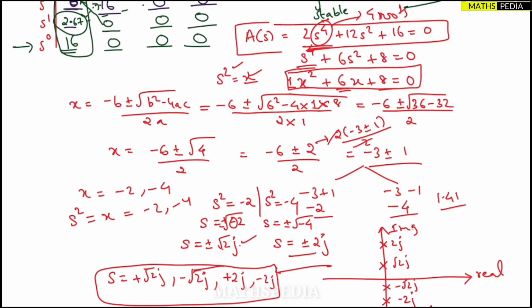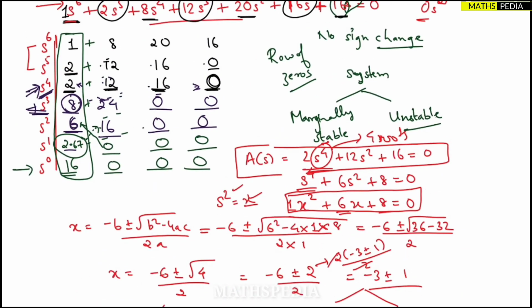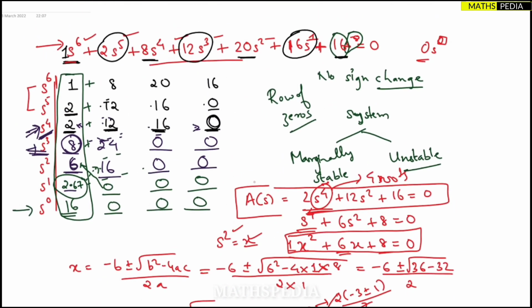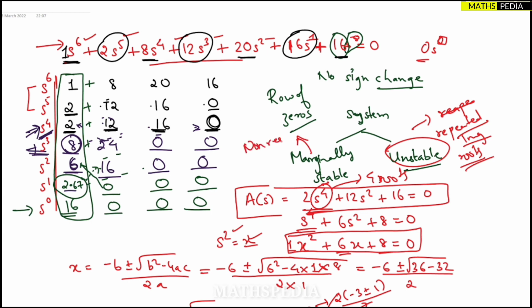Okay, we had two options: one is unstable and the other is marginally stable. Always remember, it becomes unstable when there are repeated imaginary roots, that means repeated roots which are situated on the imaginary axis. Marginally stable means non-repeated roots which are situated on the imaginary axis. Okay, that is the thing.